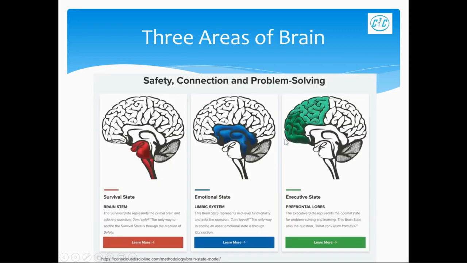And if you look at this picture right here, it shows the three levels of the central nervous system: primitive, intermediate, and the newer part. And here is the reptilian part of the brain, which controls your iliopsoas muscle.